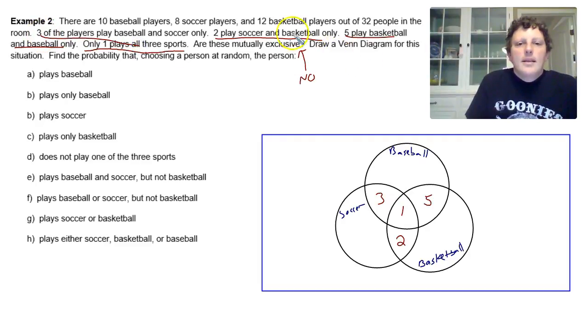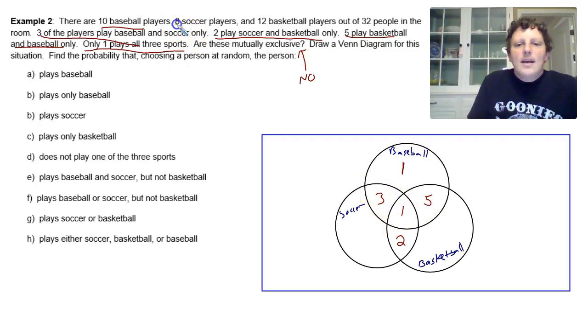And then it says there are 10 baseball, 8 soccer, and 12 basketball players out of the 32 people in the room. So here we have to think about it a little bit. Let's start with the baseball players, 10 baseball players, okay? Of those baseball players, we've already accounted for, let's see, 9 of them. So there's only 1 baseball player left over that is not playing some other sport.